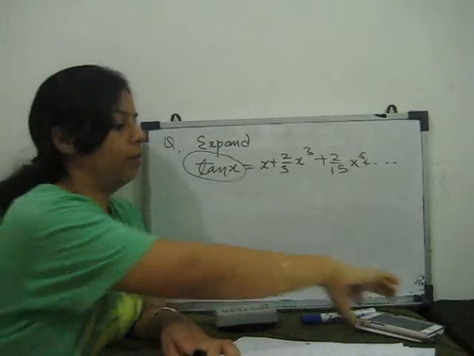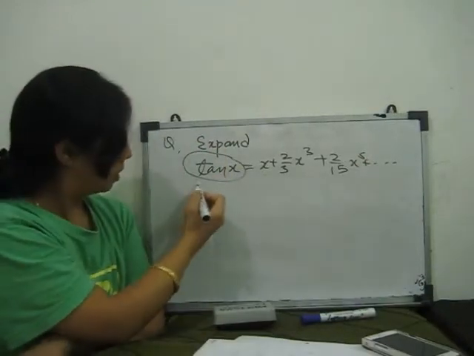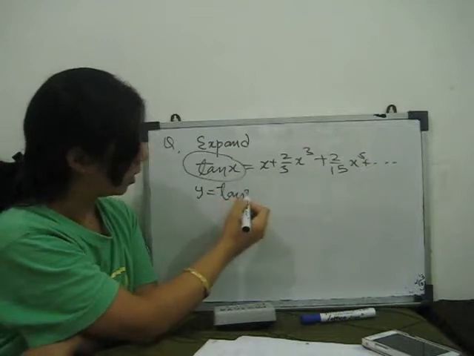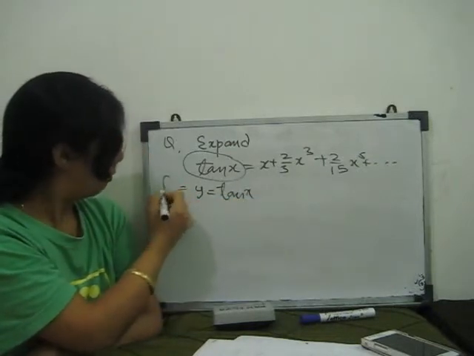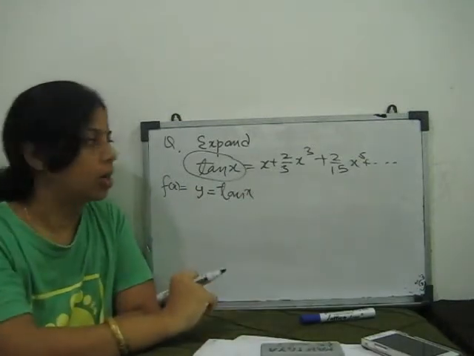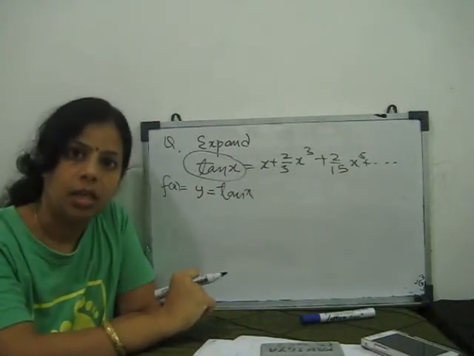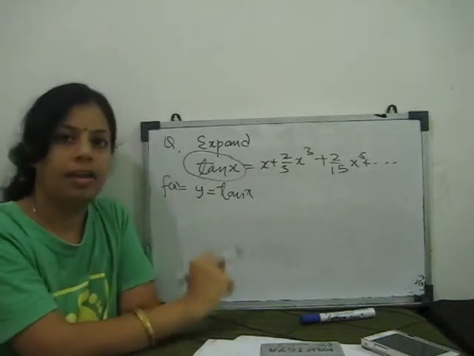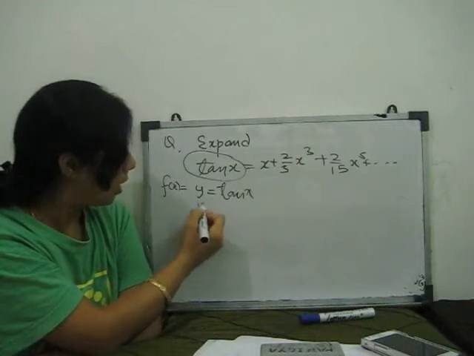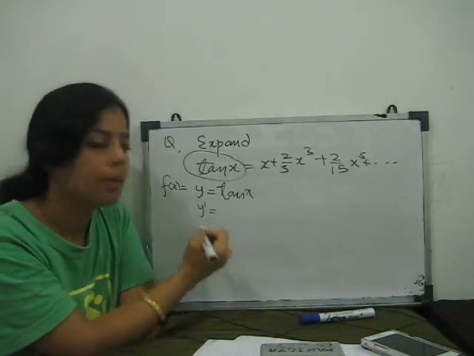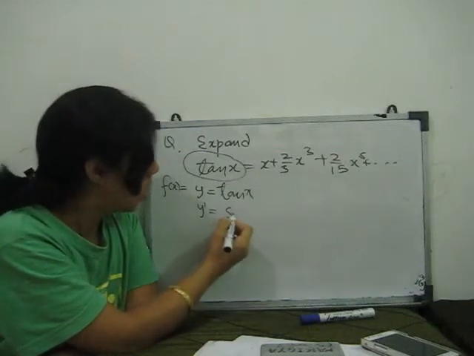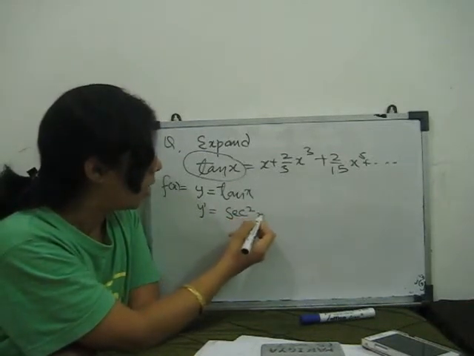We have to expand our function tan x, meaning f(x), or we can say y equals tan x. For Maclaurin, we need the derivatives of the function at point 0. So y dash means dy by dx, and dy by dx of tan x is sec square x.